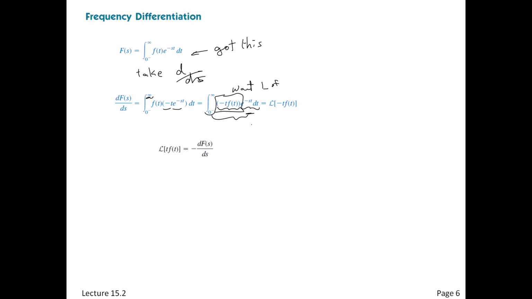So the Laplace of t f of t, we've just shown, is the same as minus the differential, in the frequency domain, of the basic function F of s itself. So we can differentiate an F of s. That's the point.